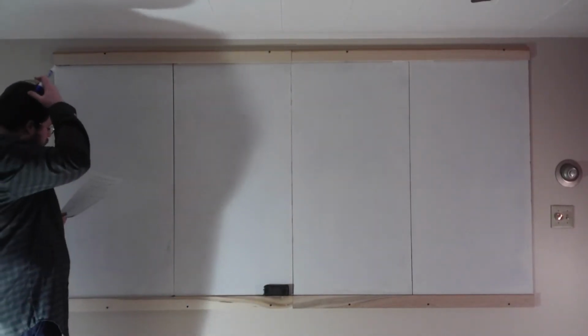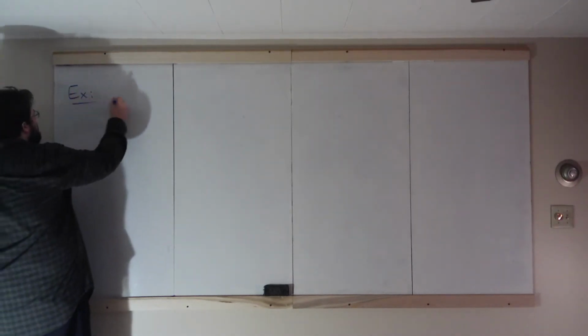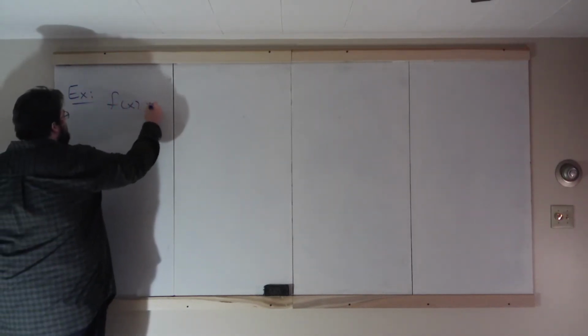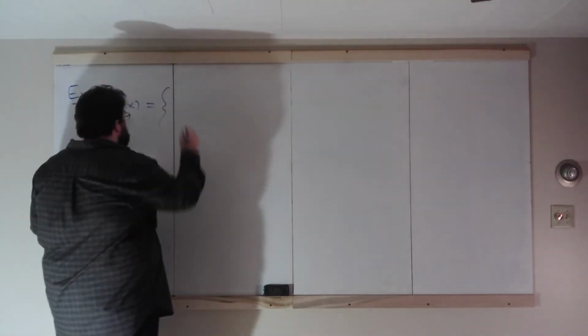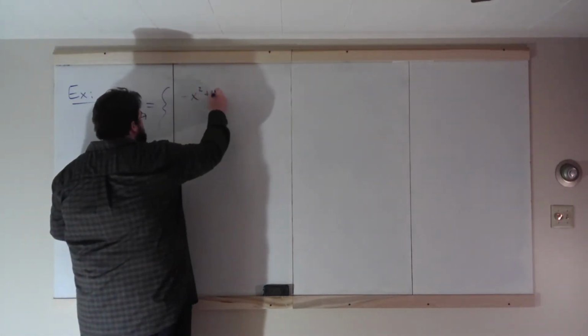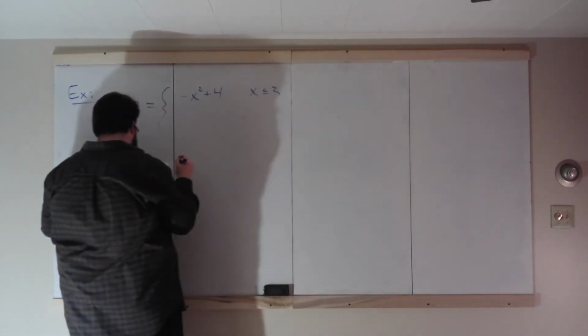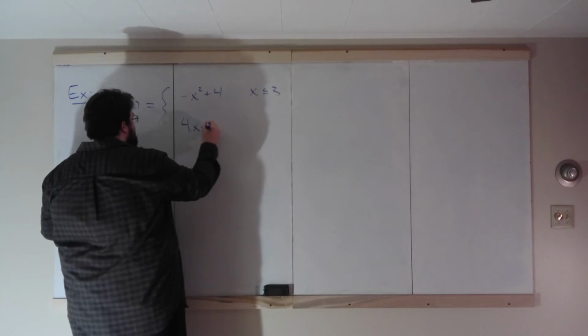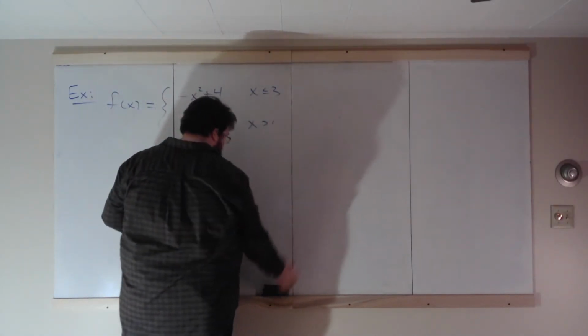Where are we? Let's do 2 more examples. Example. F of x. I'm going to tell you something and then we're going to show why. F of x equals negative x squared plus 4 when x is less than or equal to 3, and 4x minus 7 when x is larger than 3. So here we have a piecewise function.